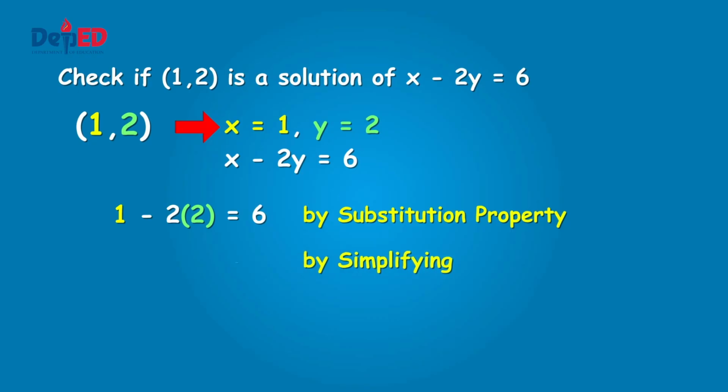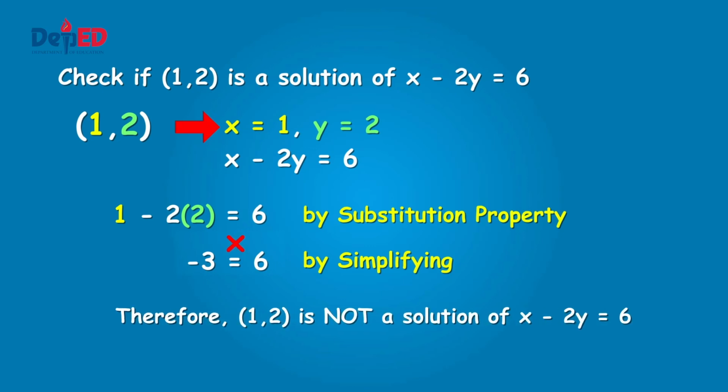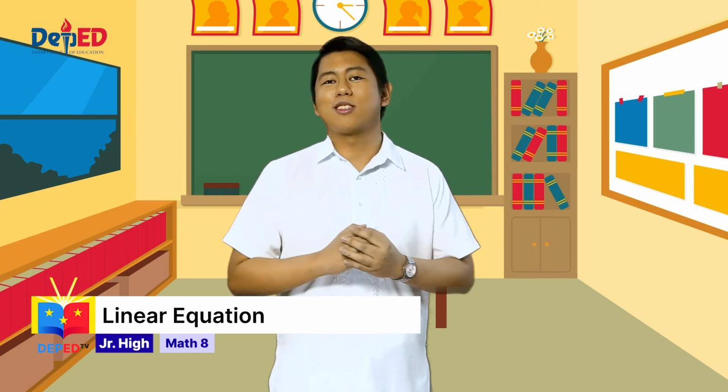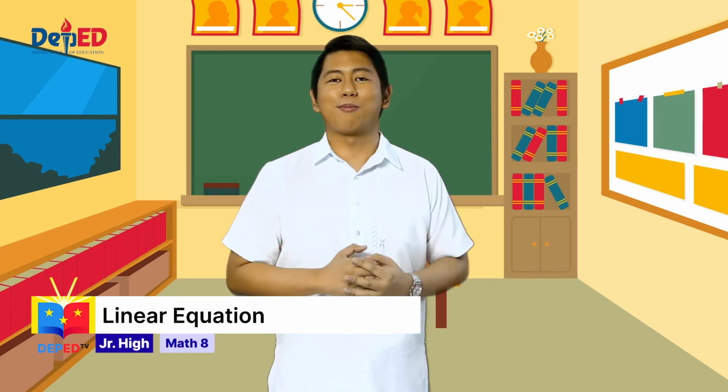Again, when we simplify, we will get -3 equals 6, which is a false statement. Thus, (1, 2), which is not on the line, is not a solution to the linear equation. Again, all the points on the line are solutions to the linear equation being represented.